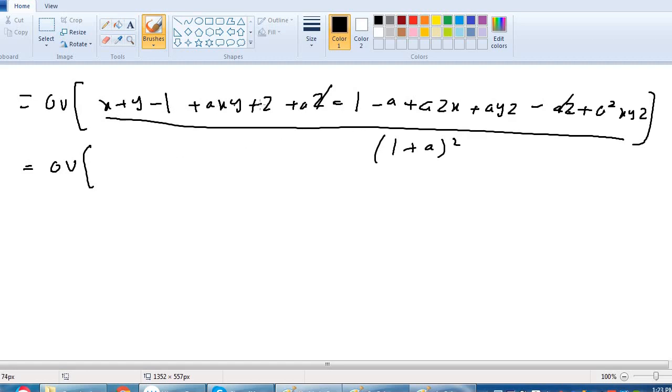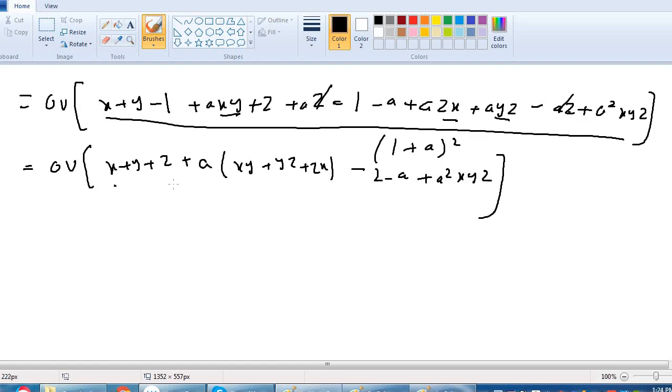Again we have x plus y plus z, x plus y plus z plus a will be common. From here a is common, then we get xy plus yz plus zx. We will take common, we get xy plus yz plus zx, and again we have minus 2 minus a, as minus 1 is here, minus 1 is here, we will get minus 2, and then we have plus a square xyz.